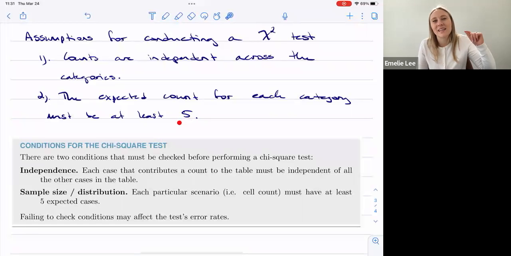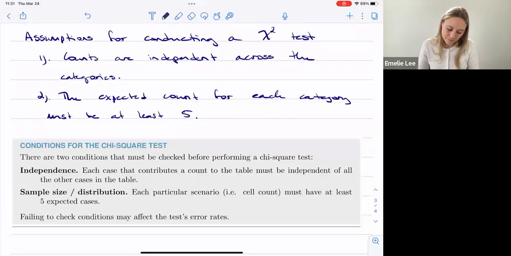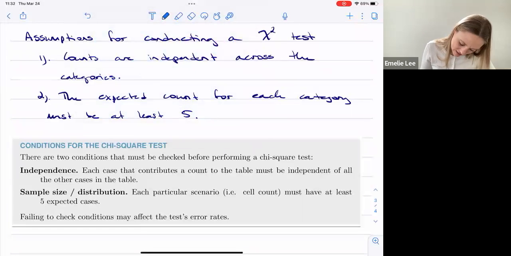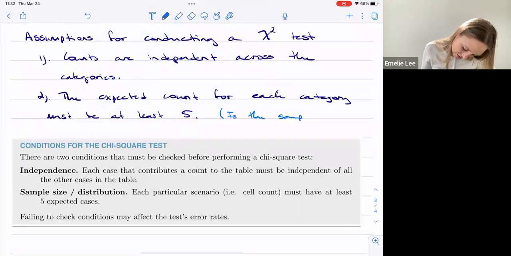And it links way back to the sample size, right? So it's essentially asking, is my sample size large enough, right? So this is basically asking, is the sample size large enough?